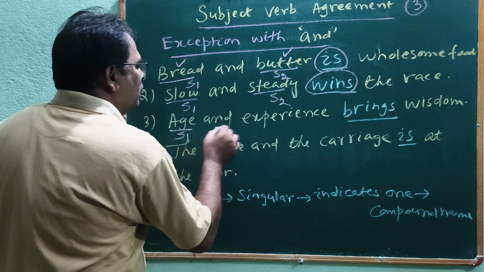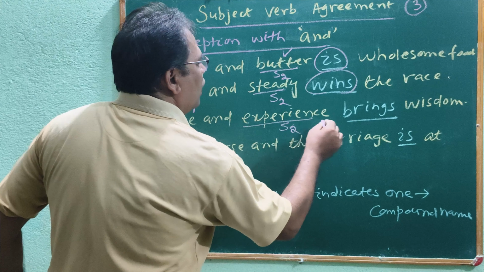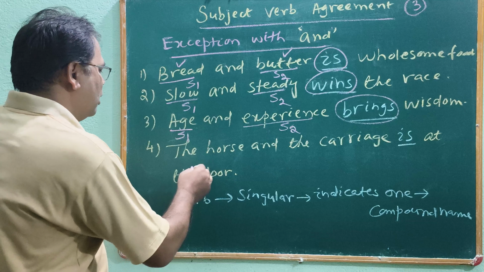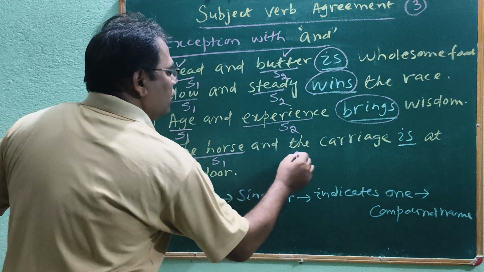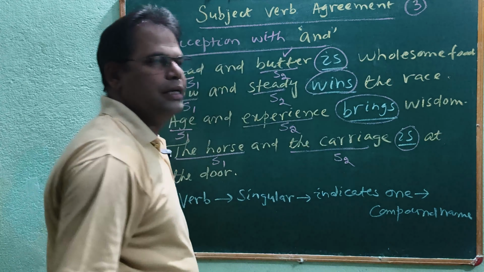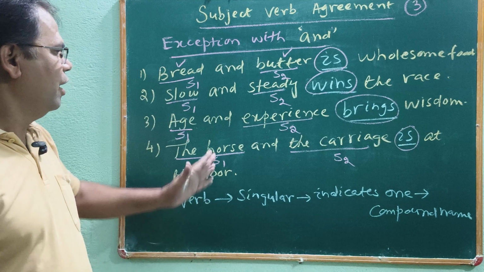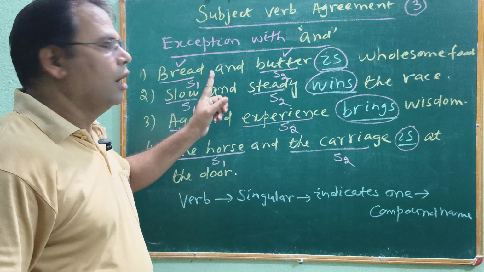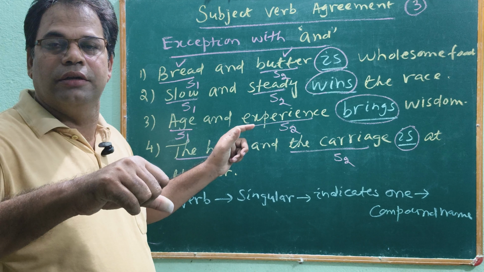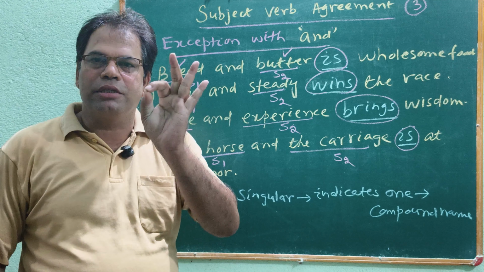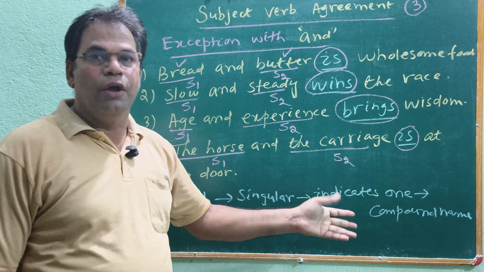Age S1, experience S2, and the verb is singular. The same thing with the horse S1, the carriage S2, and the verb is singular. See the interesting thing here, it is the deviation, the exception of the previous chapter we learned. When two subjects are connected with and, the verb must be plural. Here the verb is singular.